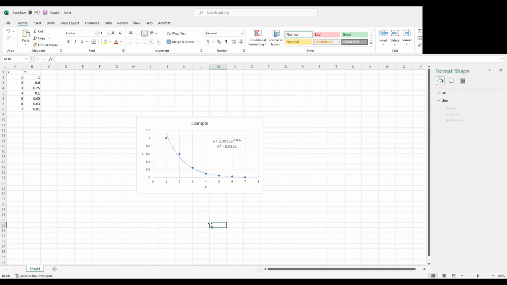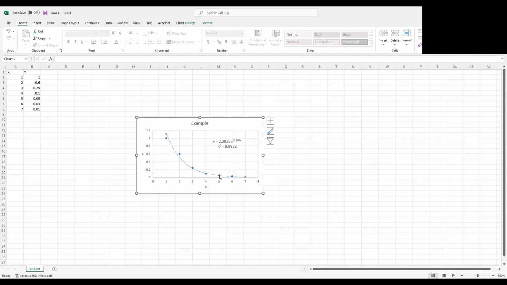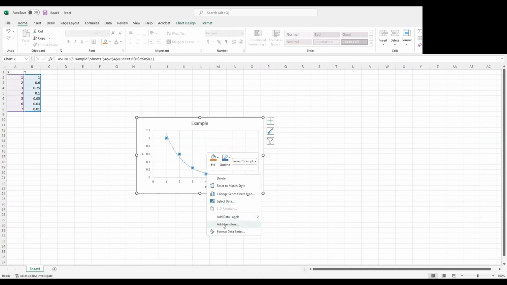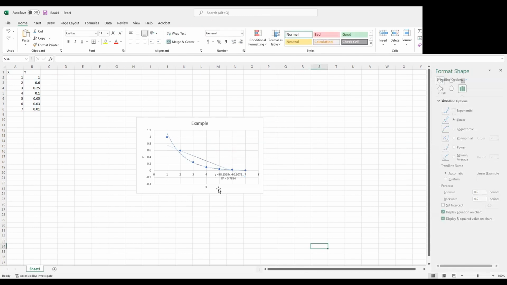In some experiments, you will have a linear relation, and then they will ask you for the slope. If they ask you for the slope, you know where the slope is. Let us say that we have a linear relation here. We say display equation on chart, display R squared.